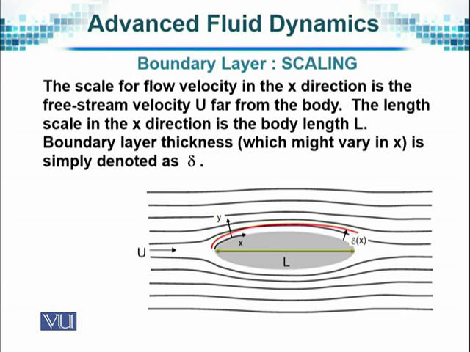Then the thickness of the boundary layer is denoted by delta, and delta may vary. It may depend on x, but not on y, because as we go away from the solid body, the effects of viscosity are reduced and can be ignored.